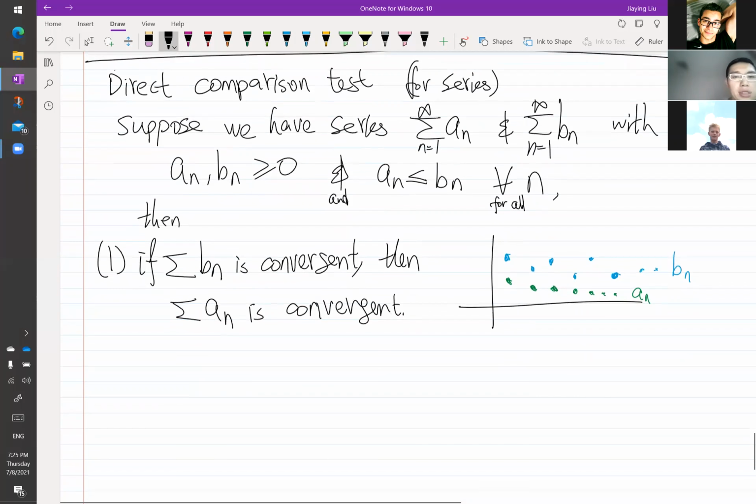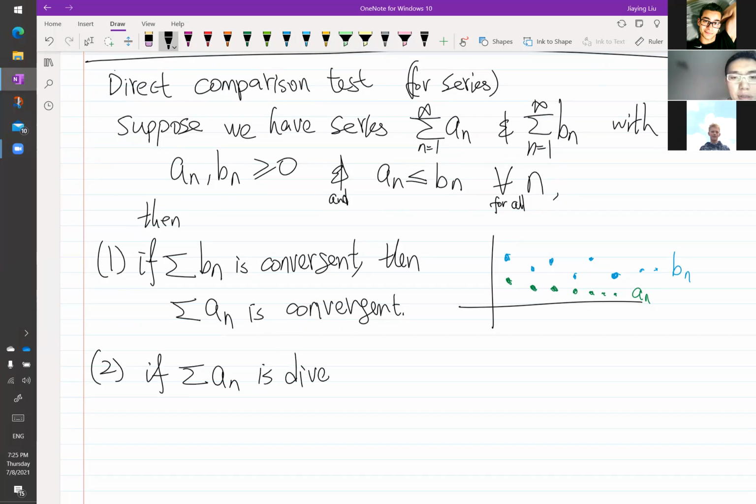That's the first part. The second part, if the smaller series an is divergent, then the bigger series bn is also divergent.